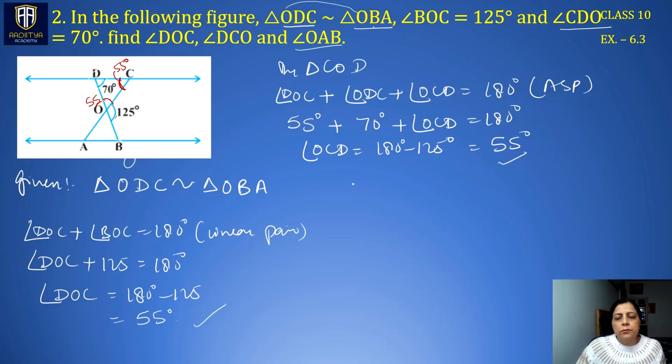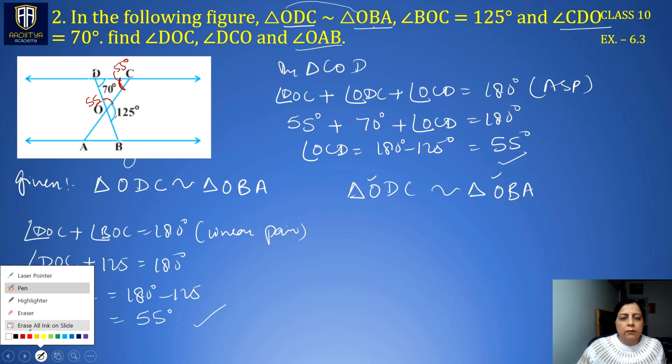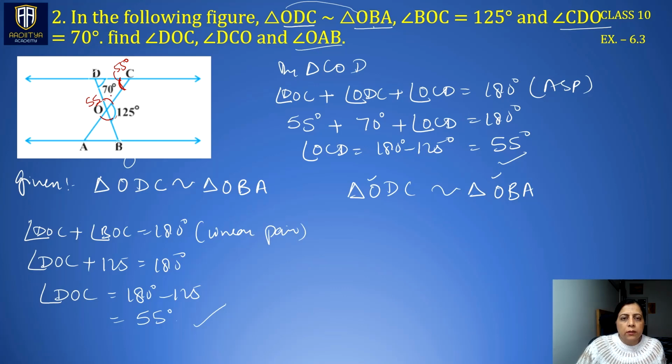Now here we have to use the concept of similarity. Triangle ODC is similar to triangle OBA, right? So angle O is O, which is 55, as this is a vertically opposite angle. Now angle D should be equivalent to B. That means if this is 70, this has to be 70. And C is equivalent to A. We have to find OAB. This angle will be equal to this, because they are at the same place in a particular order.